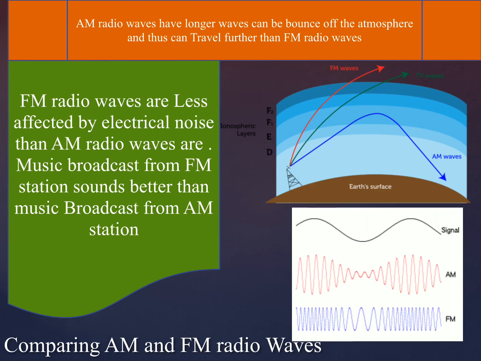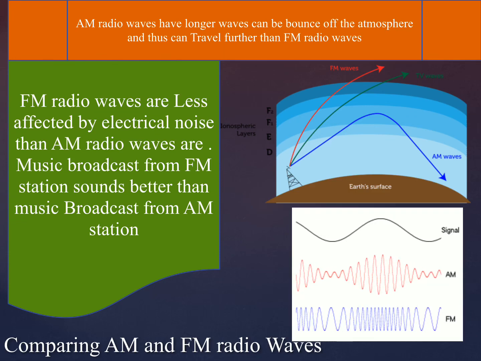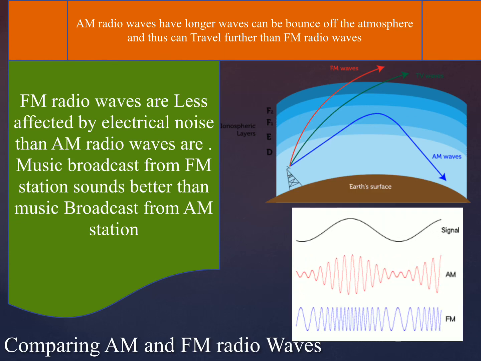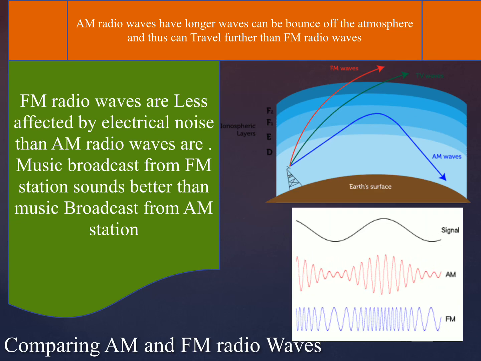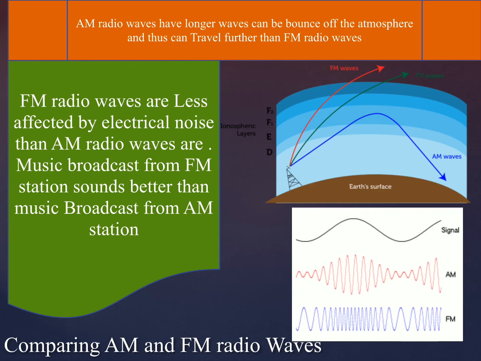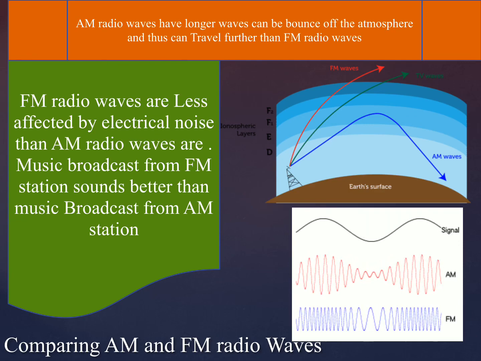On the other hand, FM radio waves are less affected by electrical noise than AM radio waves are. So, music broadcast from FM stations sounds better than music broadcast from AM stations.